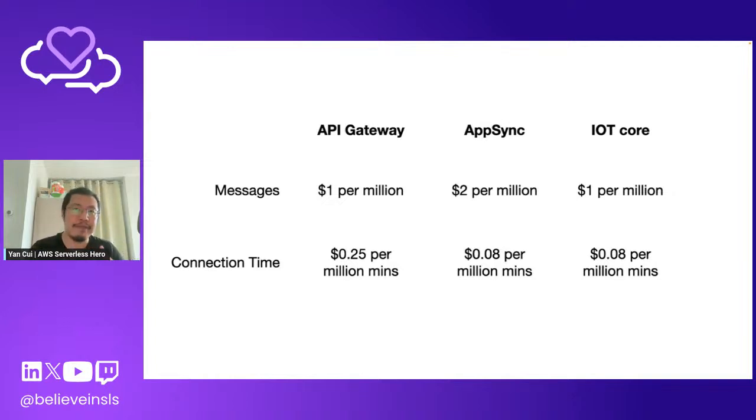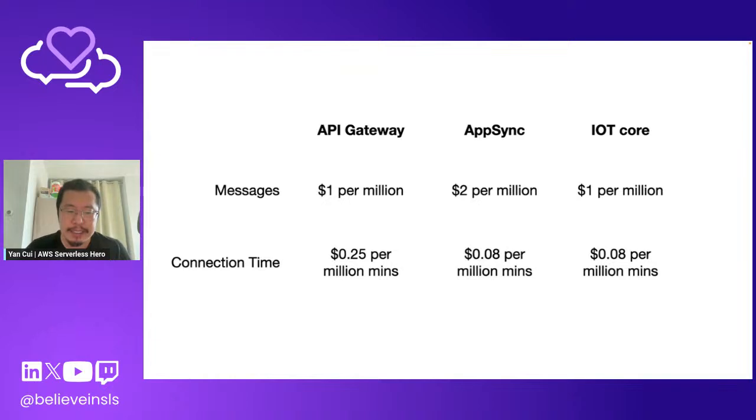So if you have a million people all connected at the same time, for a really long period, that can potentially be a significant amount of cost compared to the number of messages, if you're not doing an awful lot with those connections. They're just connecting to get updates when there's an update, but maybe for most of that connection time there's no update. So you're not really paying much for the messaging, but you're paying a lot for the connections.